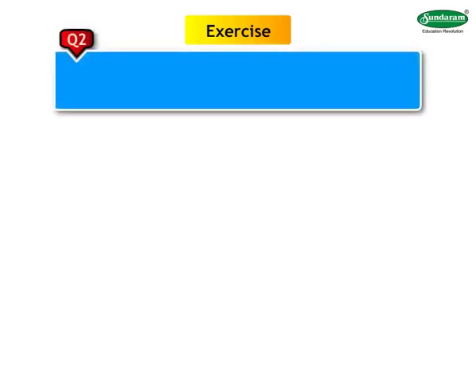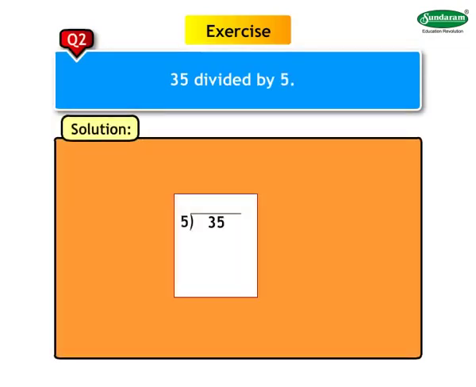Next question is 35 divided by 5. Here, since the divisor is 5, we have to say the 5 times table up to 35. As 5 sevens are 35, we write 7 as the quotient, that is above the line, and the product 35 below the dividend 35.